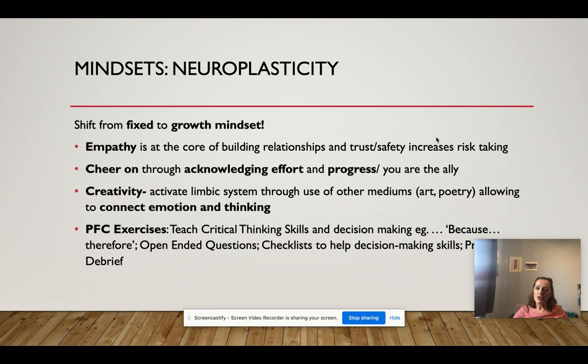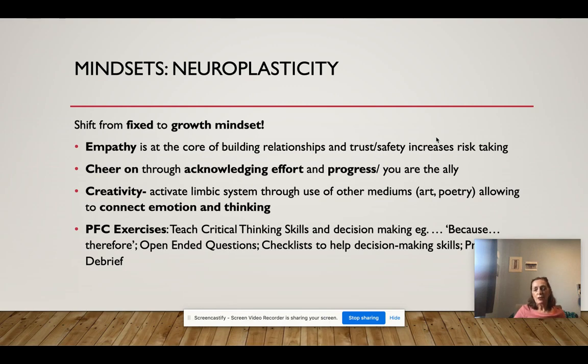And it's that shift from a fixed to a growth mindset. Fixed mindset, we've talked about before, believes, can't change, can't learn this. Growth mindset, it's hard. I don't know it, but I'll get there. It's hard, but I'm doing it. I'm doing it a little at a time.